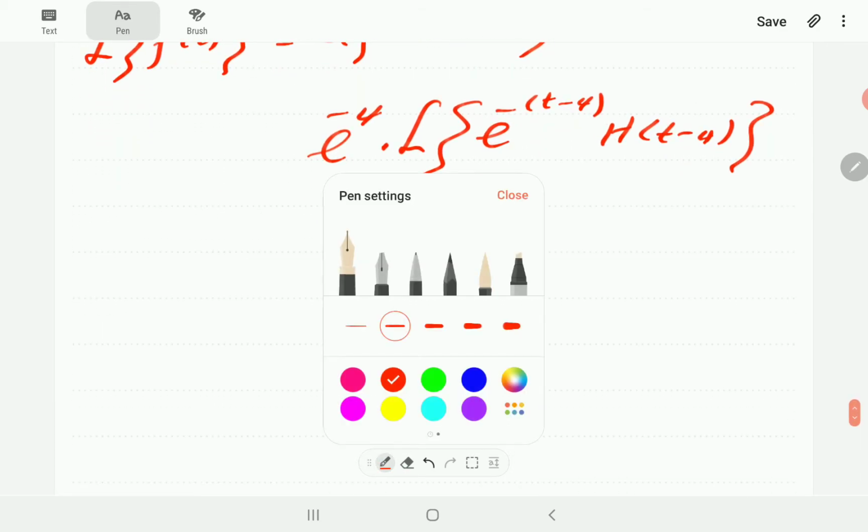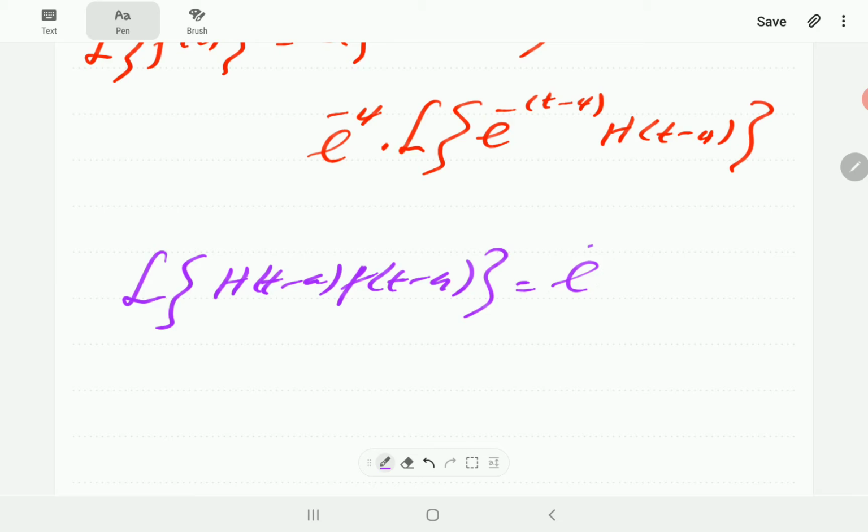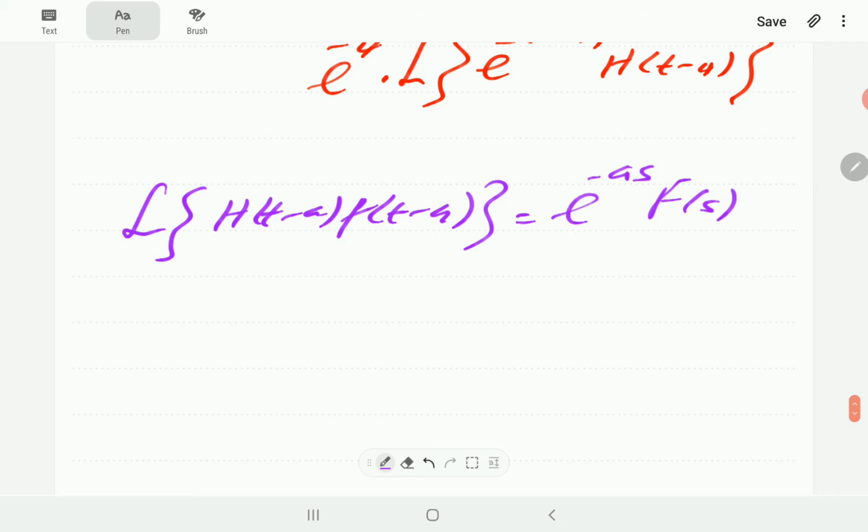Now remember, the Laplace transform of h of t minus a, f of t minus a is equal to e to the minus as times the Laplace transform of f of s.